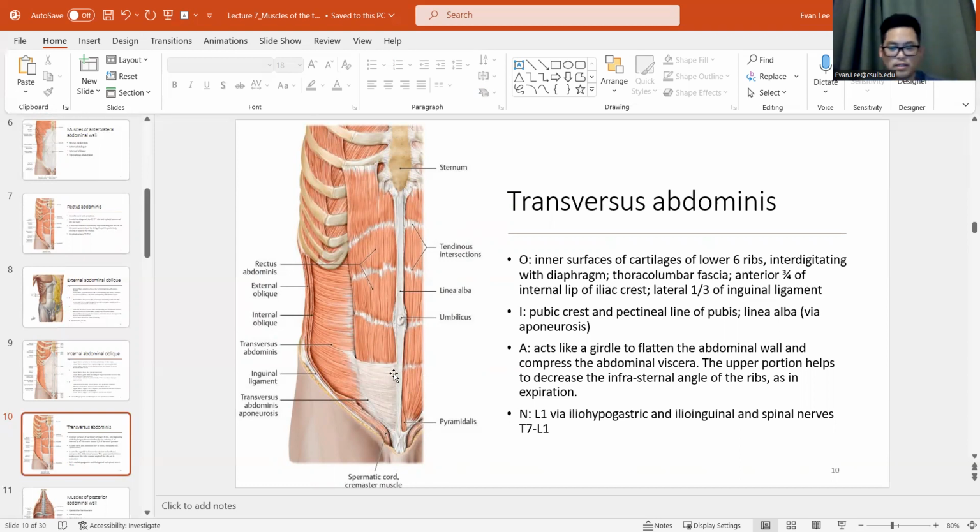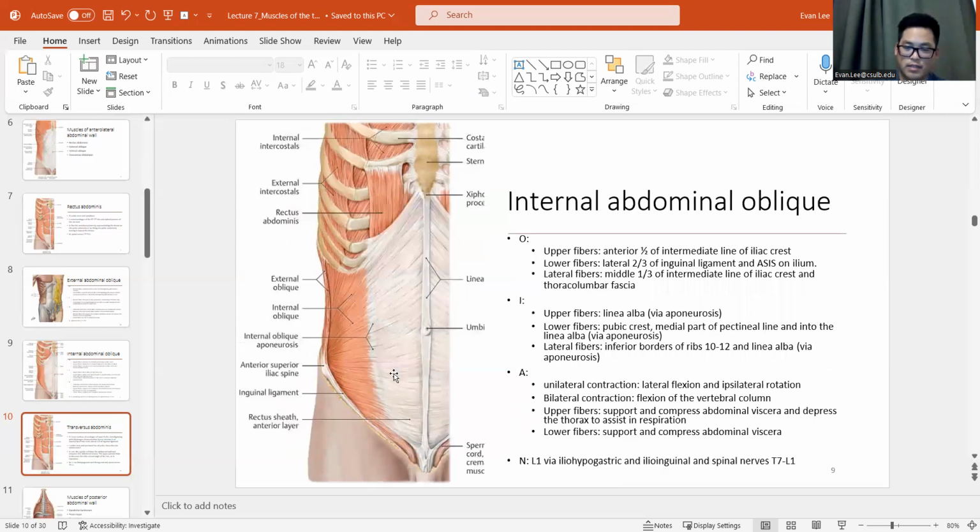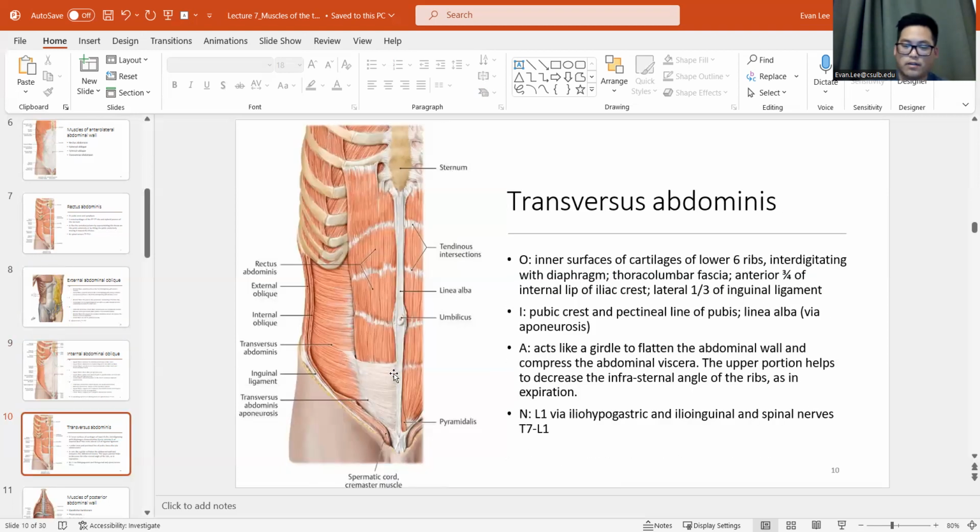Now, this muscle is a little bit different from your other muscles. It does not really have any vertical fibers. This one is largely going to be used for flattening and compressing the abdomen. Although the other ones do that to some extent, this internal layer is largely for that function.